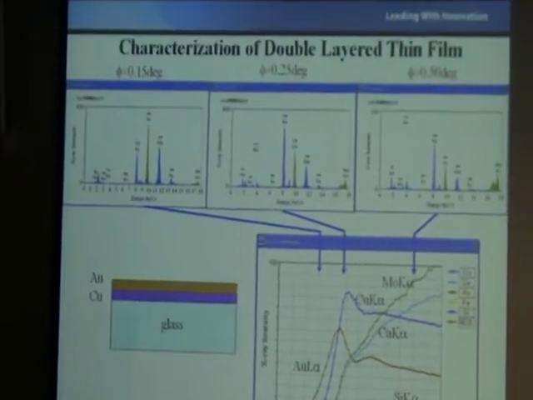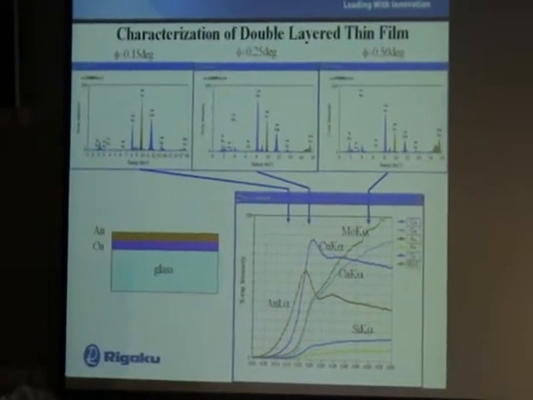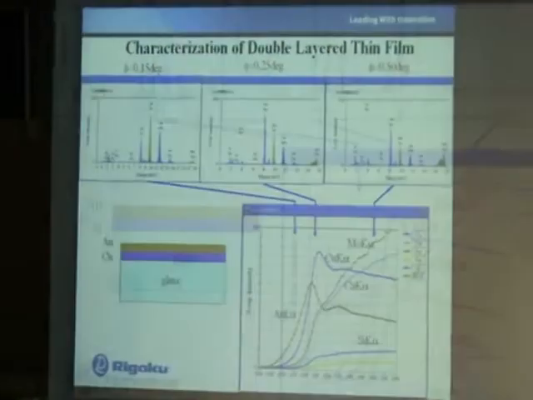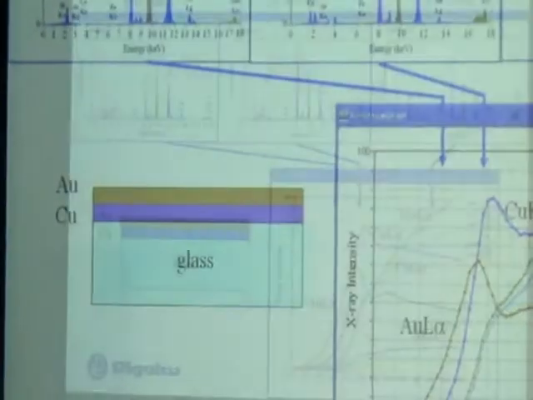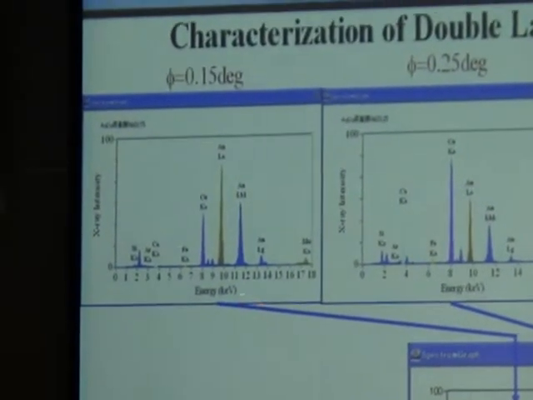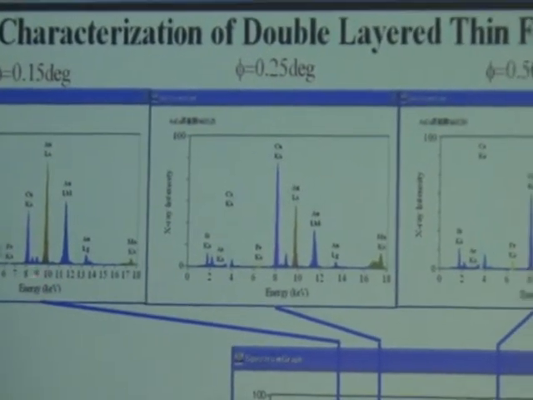And the last example is this: a synchronous deposition of copper and gold on soda lime glass. The spectrum at each angle changes.